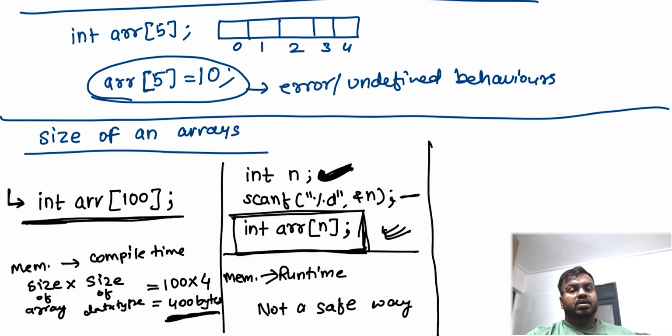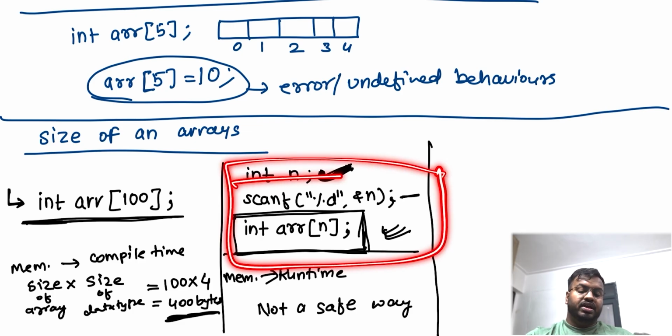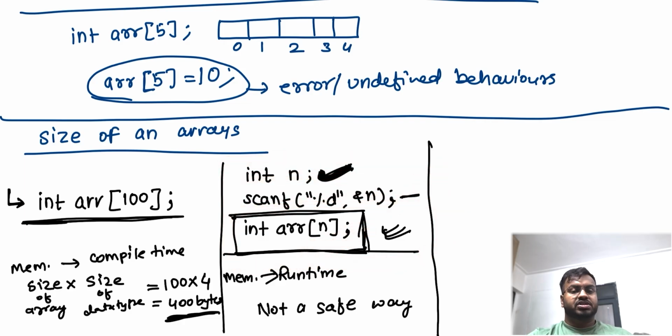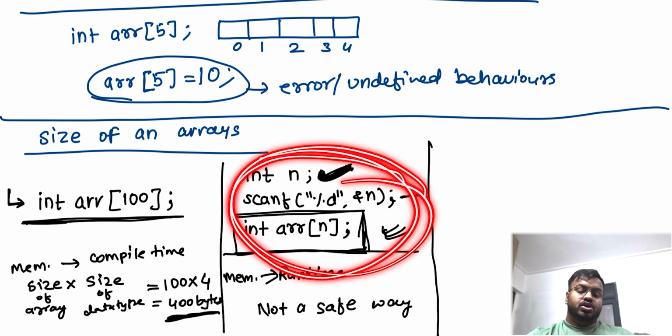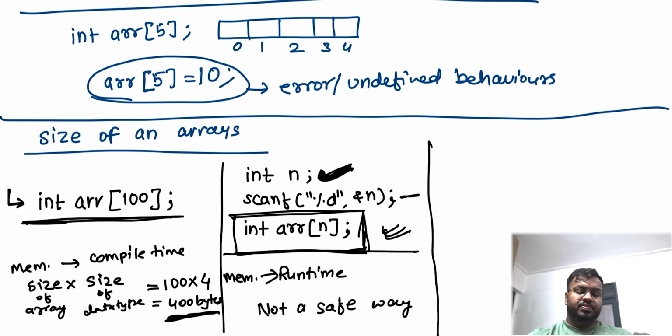But now modern compilers provide support for this, in which you can take input for a variable and then assign that variable as the size of an array. So modern compilers have started providing support for this type of array declaration. In our day-to-day programming we are going to use this method, but generally the constant is considered the safest way to declare the size of an array.